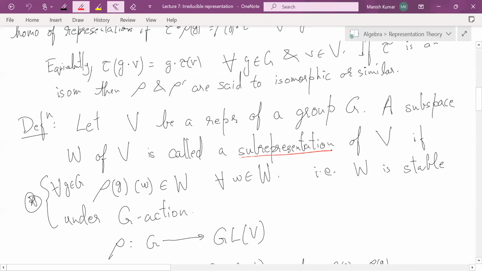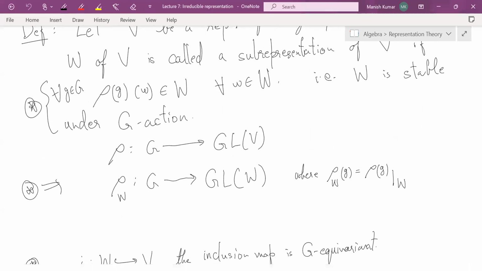W should be stable under the action of G. So W as a subspace is sent to itself under every element g in G. So rho g of w is in W for all w in W. Rewriting this, you say rho g of W is contained in W. Okay, I suppose this is clear. It's written with vanishing ink, so it vanished.